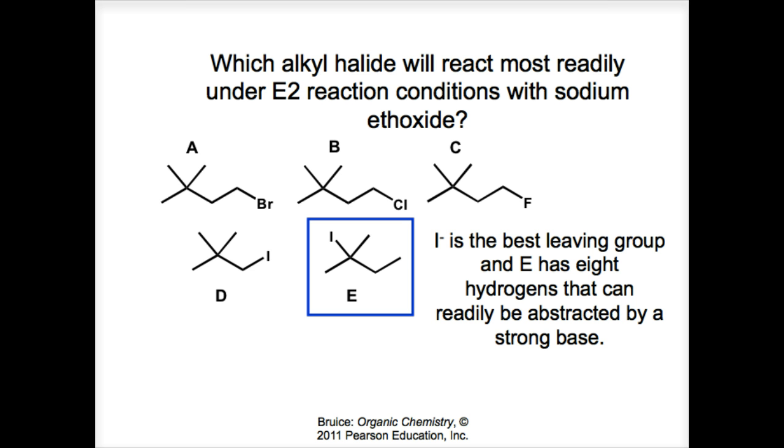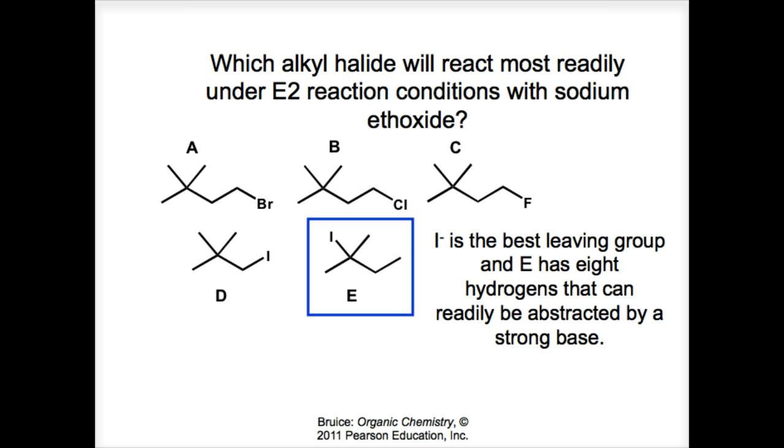This is a dehydrohalogenation reaction. A halogen and a hydrogen are going to be removed through some type of elimination reaction, E2, it's told. Iodine is the best leaving group. So A, B, and C are out of consideration. So all we need to do is figure out if it's D or E.